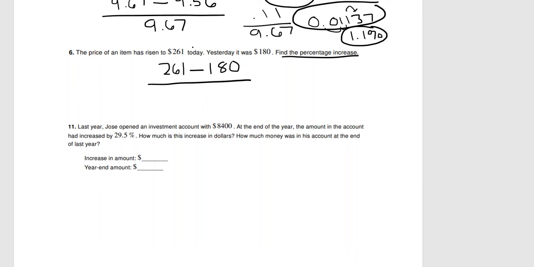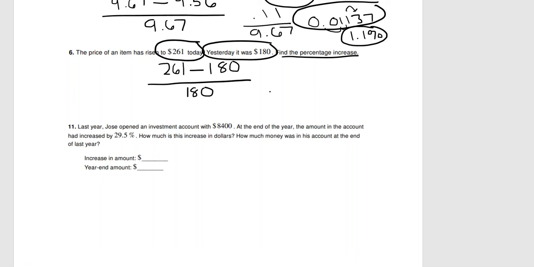Okay, we can see that it was $1.80 yesterday, and yesterday is before today, and today it's $2.61. Because we're going to put our starting amount on the bottom of our fraction, and our starting amount was yesterday, that is 1.80.